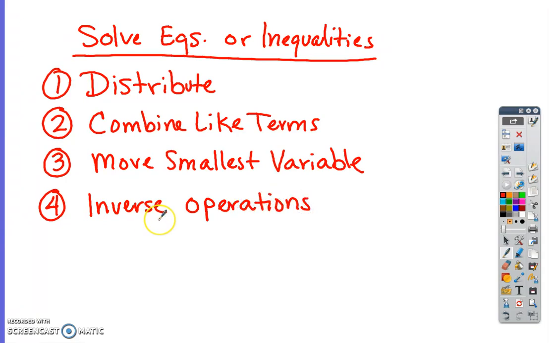Inverse, that means the opposite. So if you have addition, you subtract. If you have subtraction, you add. If you have multiplication, you divide. If you have division, you multiply. What is happening to the x? Okay, so if you follow those steps, you should be fine in all the ones that you're doing.